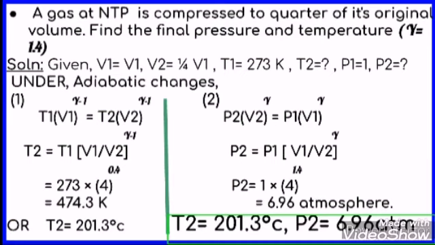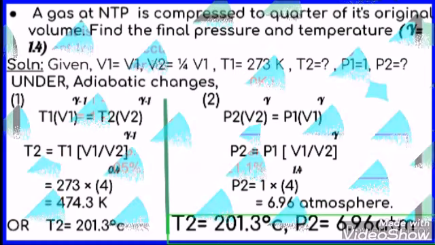Hence, P2 is equal to P1 into V1 by V2 power lambda. By substituting the values of P1, V1, V2 and lambda, we get P2 is equal to 4 power 1.4, which is nothing but 6.96 atmospheric pressure. Hence, the final pressure and temperature are 6.96 atmospheric pressure and 201.3 degrees Celsius respectively.